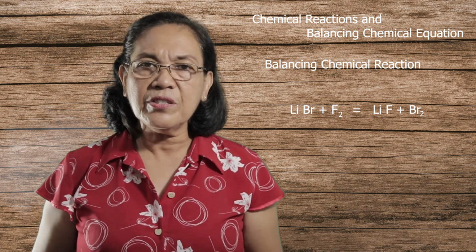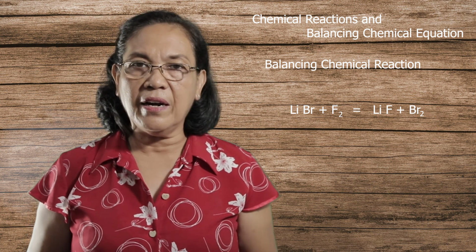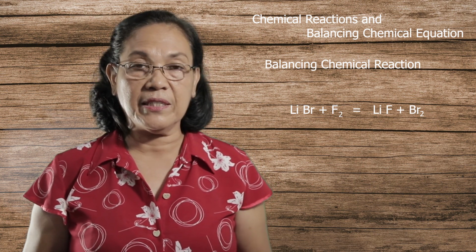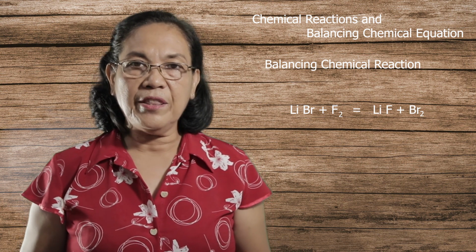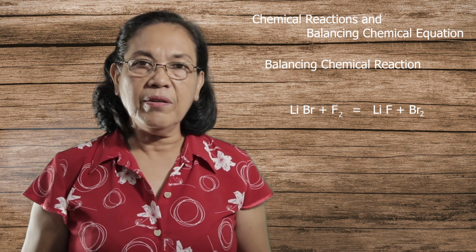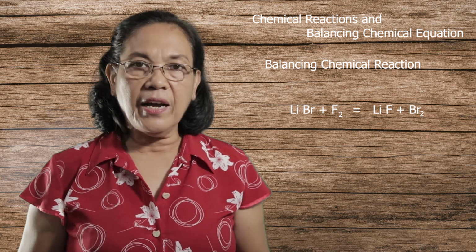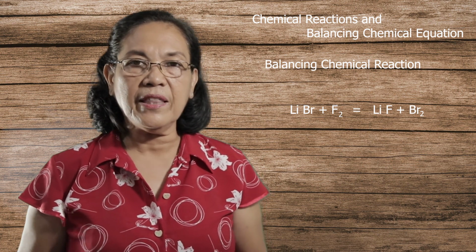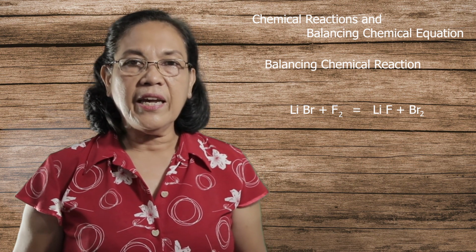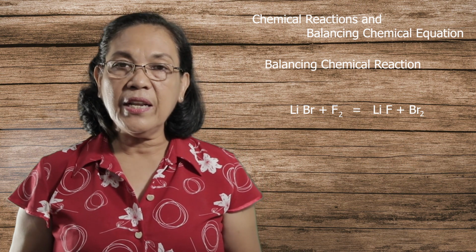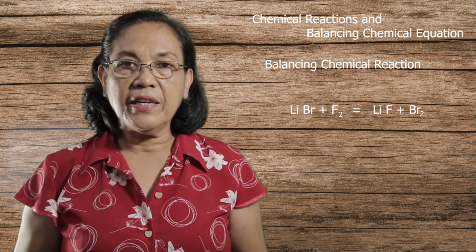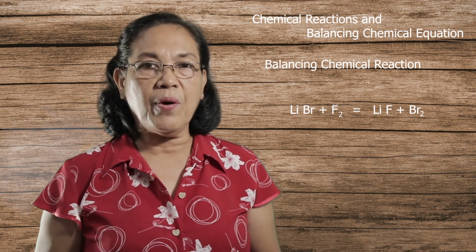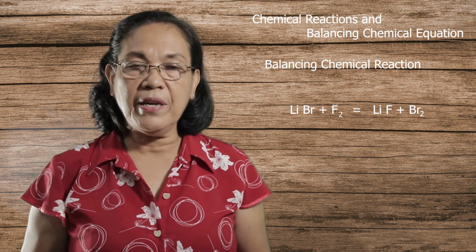Now, let us consider the LiBr as the most complex part. Look at the LiBr, or the lithium bromide. There is only one lithium in the reactant, and there is also one lithium in the product. Go to bromine. In the reactant, there is only one bromine, or Br.